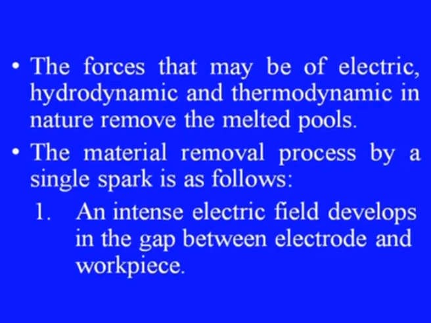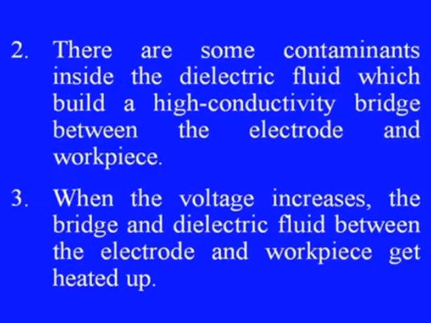The material removal process by a single spark consists of the following sequence of events. Number 1, an intense electric field develops in the gap between the electrode and the workpiece. Number 2, there are some contaminants inside the dielectric fluid which build a high conductivity bridge between the electrode and the workpiece.